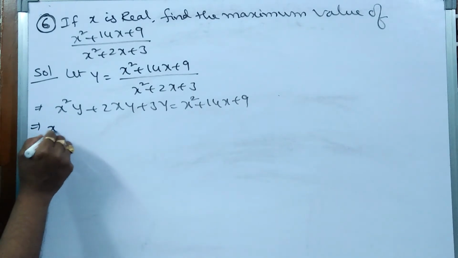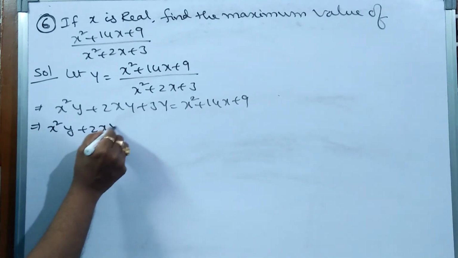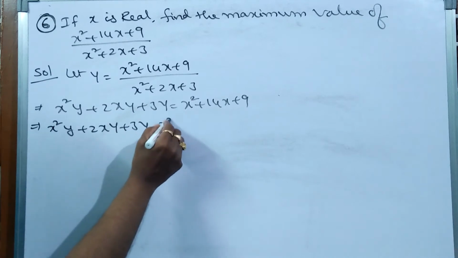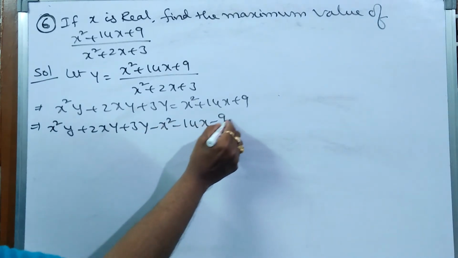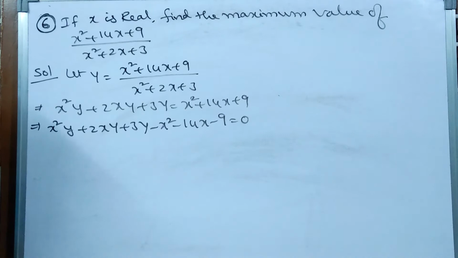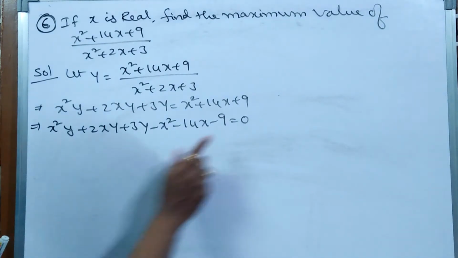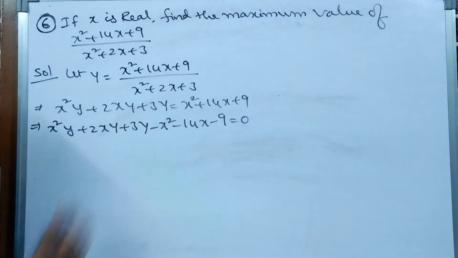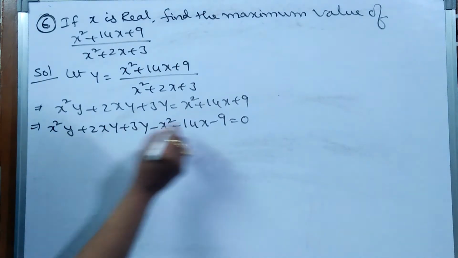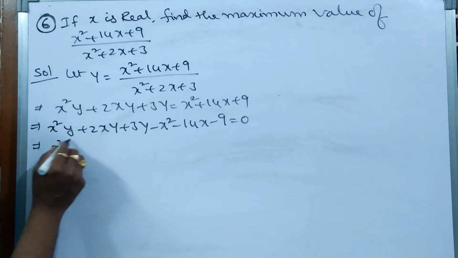So what you are going to get, x square y plus 2xy plus 3y minus x square minus 14x minus 9 is equal to 0. So here, after bringing all the terms to this side, just convert this equation into the form of ax square plus bx plus c.